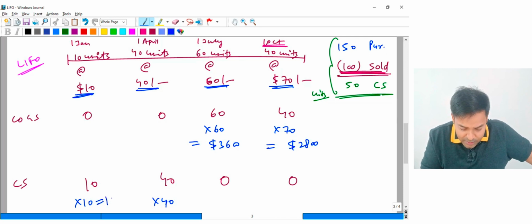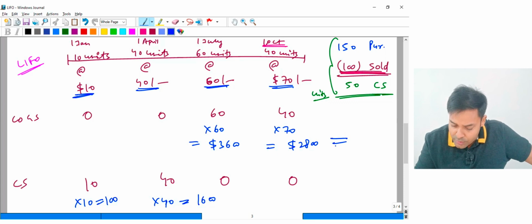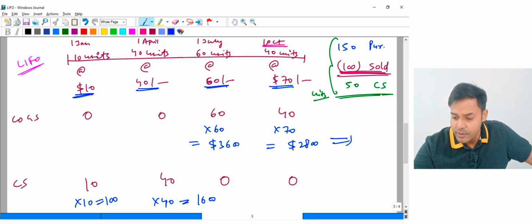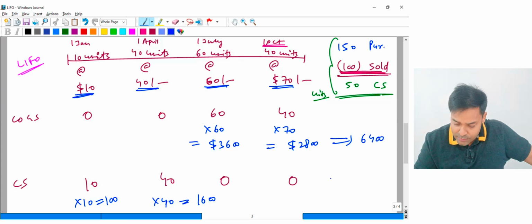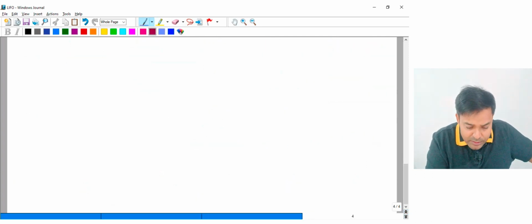Here it is $100 and it is $1,600. So total is coming, how much? 3,600 plus 2,800, $6,400. Here it is coming $1,700. Okay, so I'm writing here COGS, closing stock.